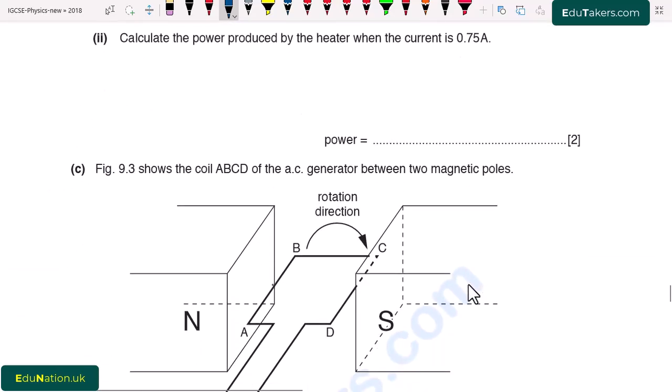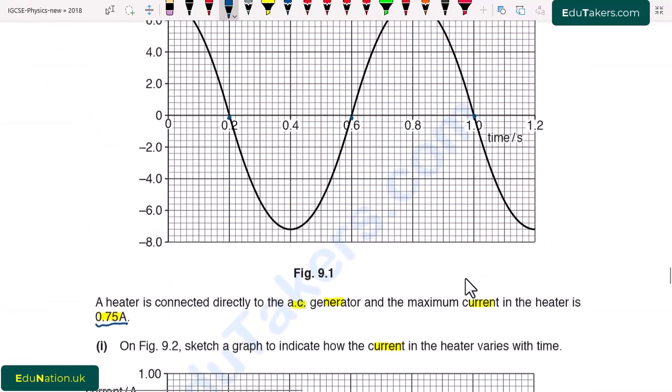Going towards the next part 2. Calculate the power produced by the heater when the current is 0.75. So here we have to find out the value of power. We know that power is the product of current and potential difference. Here current is given, that is 0.75, and potential difference, that is voltage, is not given, and we have to find it out from the graph.